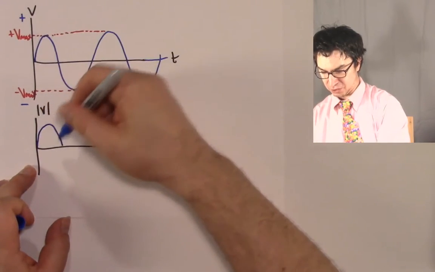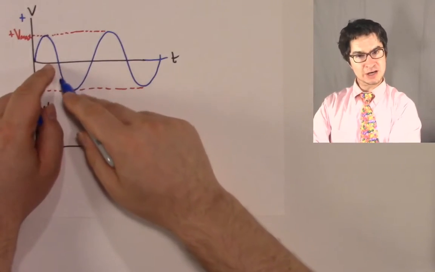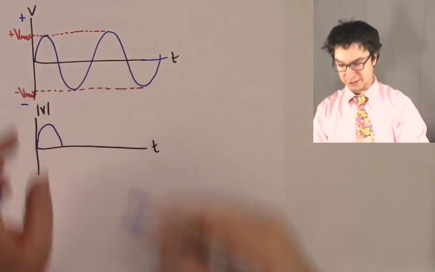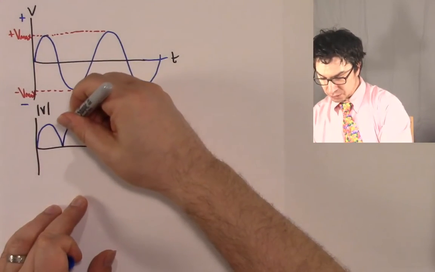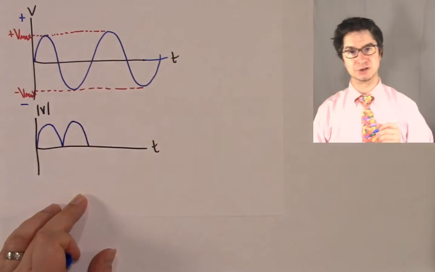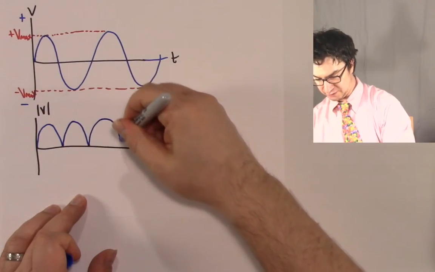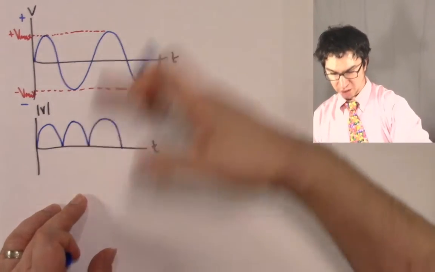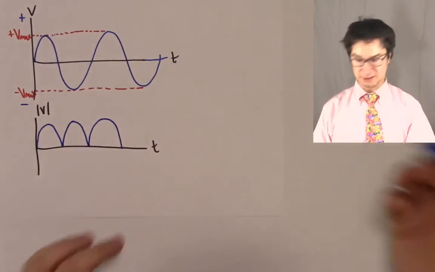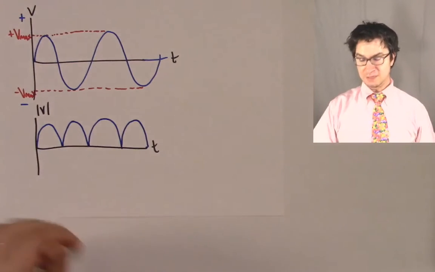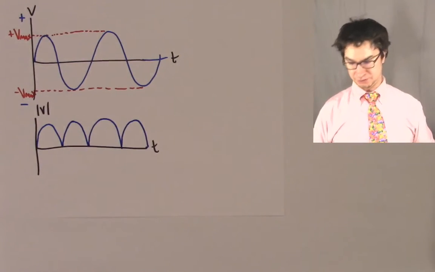Then this negative voltage gets reflected, you could say, above the t-axis, and it's going to produce a nice positive voltage. Then we have this voltage here, which is also positive, and then this voltage, again, the absolute value takes anything negative, makes it positive, so this comes up here like this. This is the magnitude of the voltage.